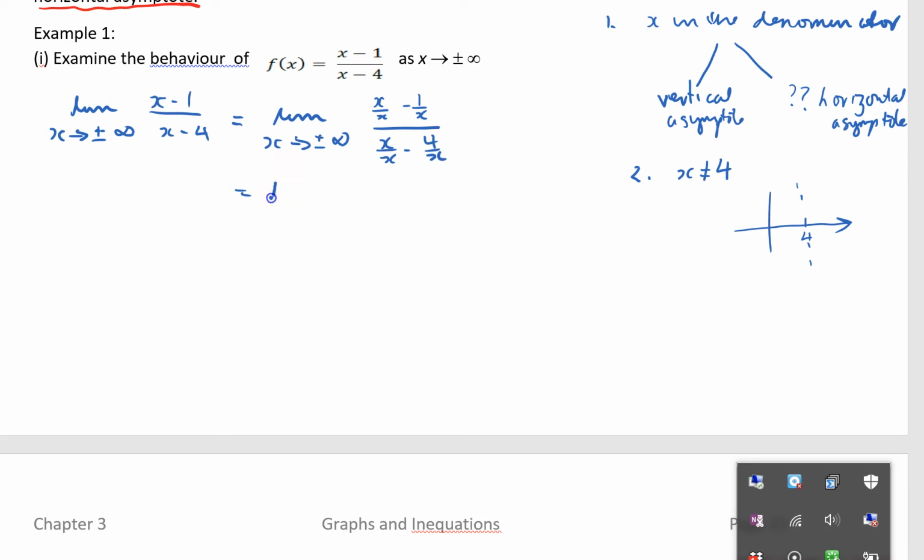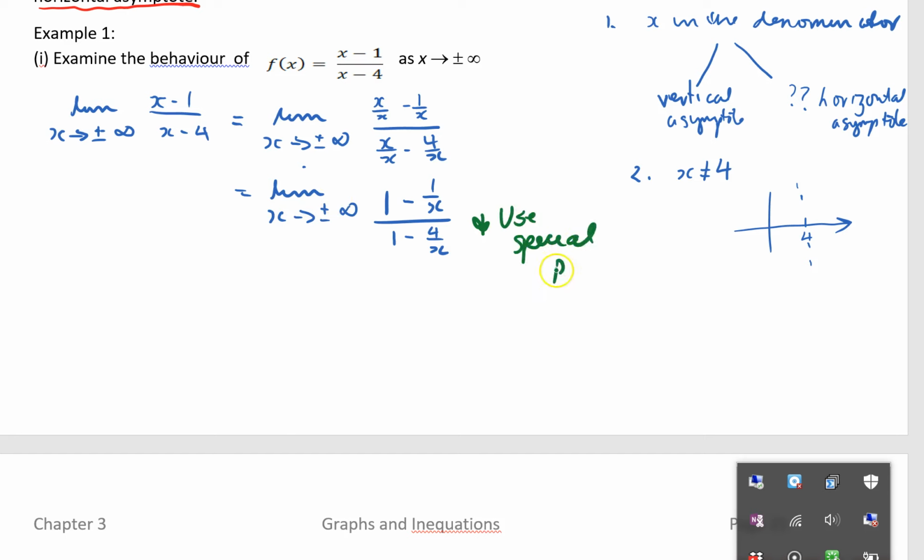So that's going to give me, now we do some simplifying, the limit as x approaches plus or minus infinity of (1 minus 1 on x) all over (1 minus 4 on x). And it's now at this stage you can see we've created some 1 on x's. We now use the special property.